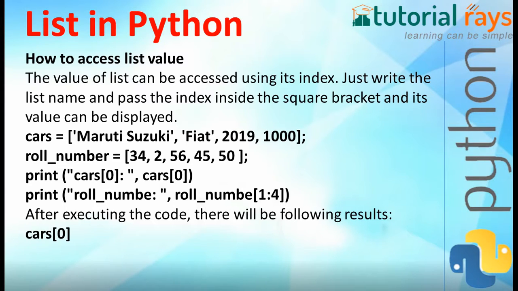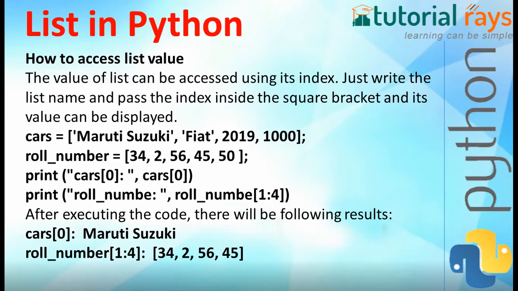If you want to display the value of cars, then just write 0. That means it will display Maruti Suzuki. And if you print roll number 1 to 4, that means it will start from 1 and go up to 4. After executing the code, there will be the following results.